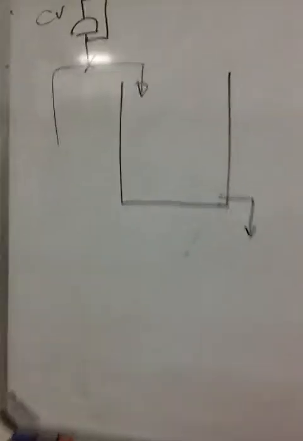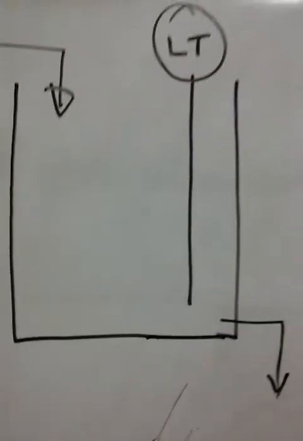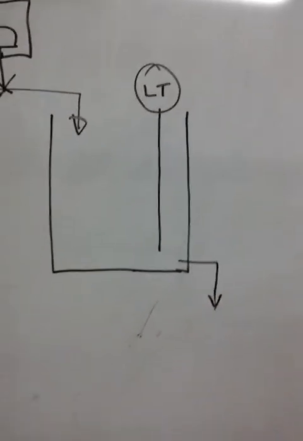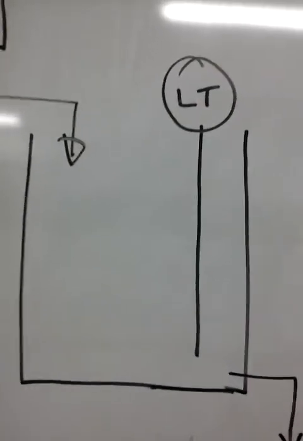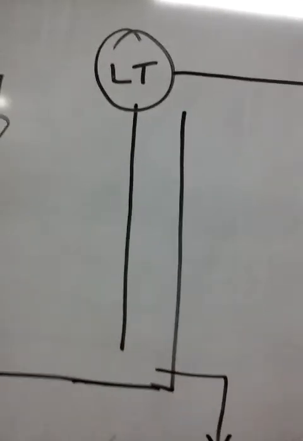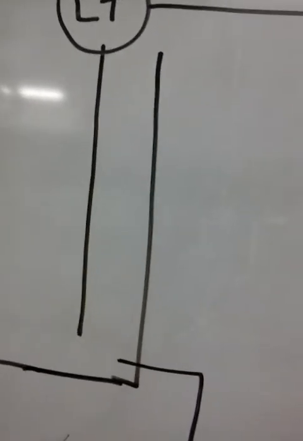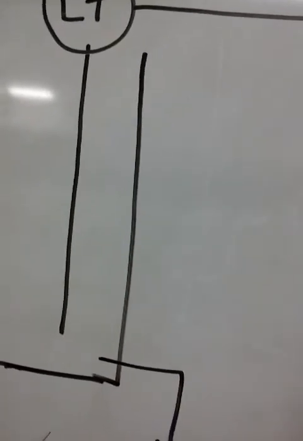Again, we need a level sensor. For instance, we have an LT, which is known as a capacitor probe level sensor, using a closed loop. So the signal from the sensor will be sent to the controller, which will be our LIC, the controller.